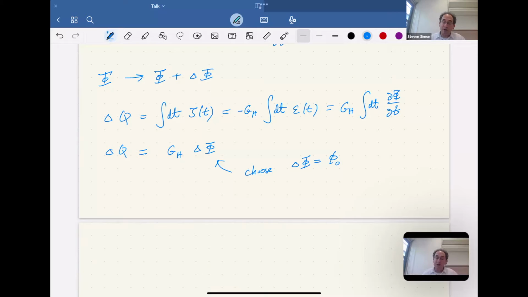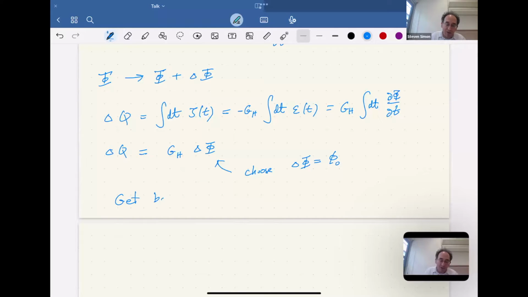I insert a flux quantum. I adiabatically track the ground state. It's gapped the whole time. At the end of inserting this flux quantum, by the Byers and Yang theorem, I'm back in exactly the same ground state.